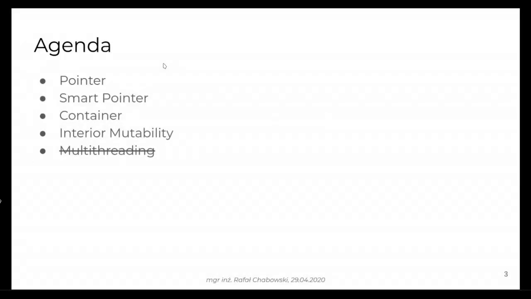Okay, what are we going to talk about? Pointers, smart pointers, containers, interior mutability, and we're not going to talk too much about all this stuff in the multi-threading context. Let me explain why, because this presentation was originally intended as a lightning talk about smart pointers. Then, to cover the Rc RefCell combo that we're going to talk about later, I decided to add some info about the containers.